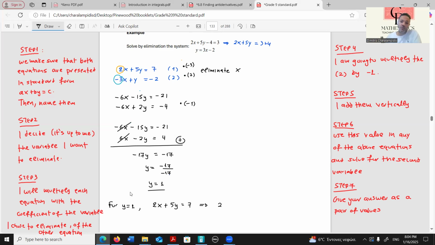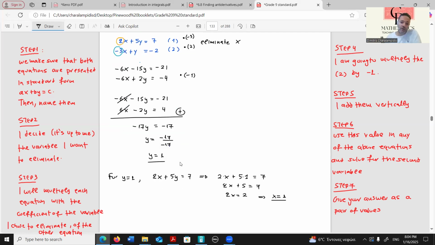This means 2 times x plus 5 times 1 equals 7. So 2x plus 5 equals 7, 2x is 2. So finally, x is also equal to 1, which overall means that the solution x, y is expressed as 1, 1. And that would be all.